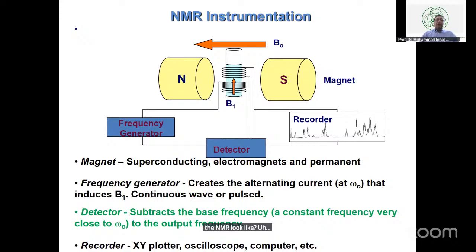NMR is quite different now. The concept of NMR is different as well. In all spectroscopic techniques, the concept has not changed. Equipment has been improved, but concepts remain the same in UV, IR, X-ray.